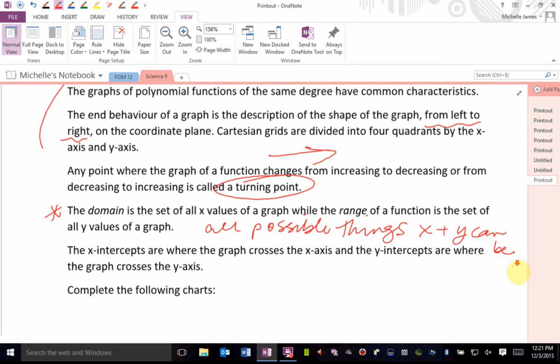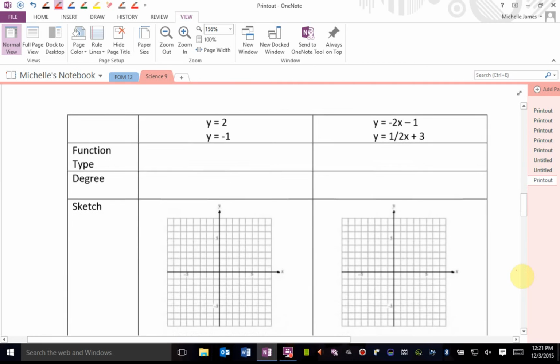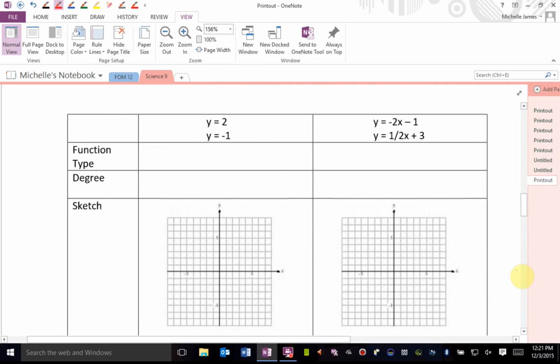Okay, so let's go through 4 types of graphs. We're going to graph them and talk about their behavior. Just so we can have 2 different ones, let's change the second one to x. So we'll have y equals 2 and x equals negative 1.